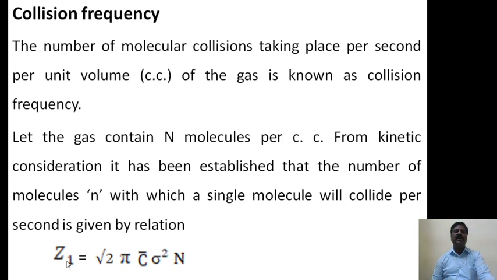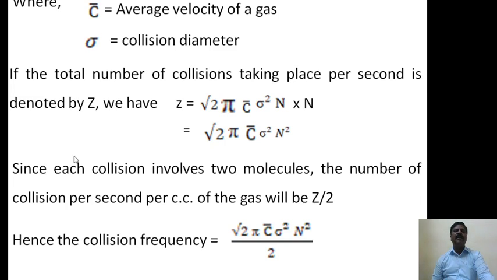According to it, Z1 is equal to square root of 2 pi into average velocity into collision diameter square into n. Here C is the average velocity of the gas and sigma is the collision diameter.